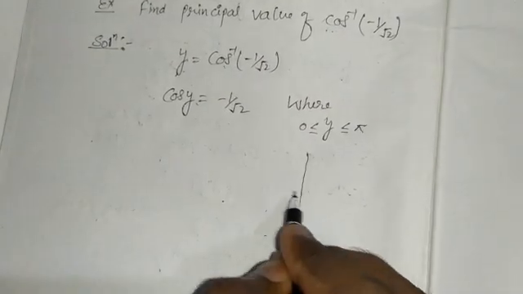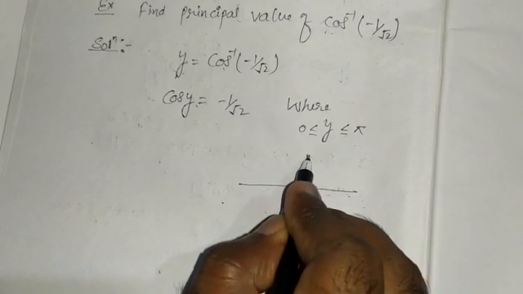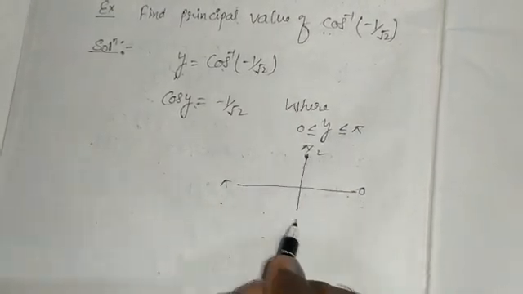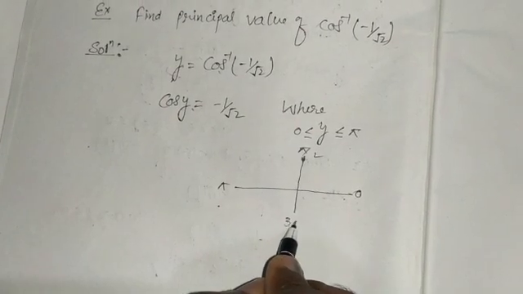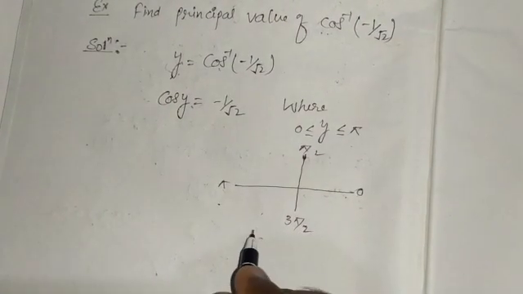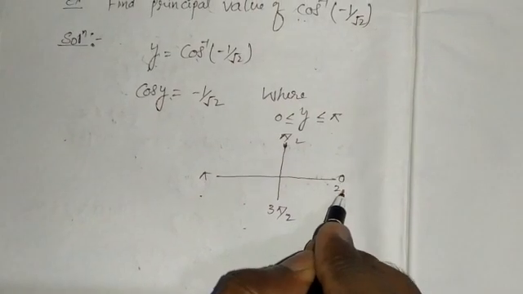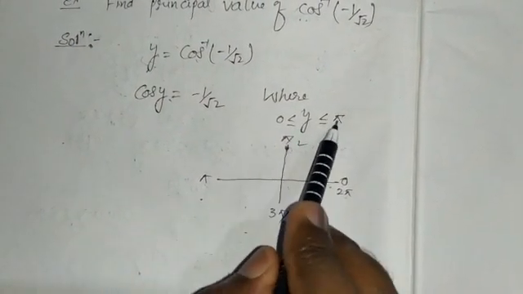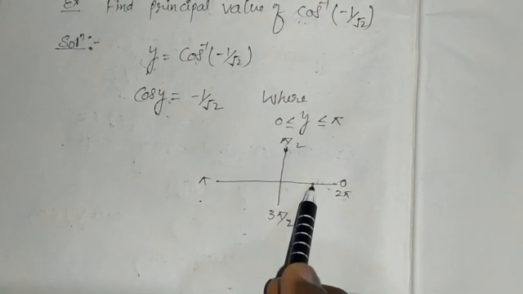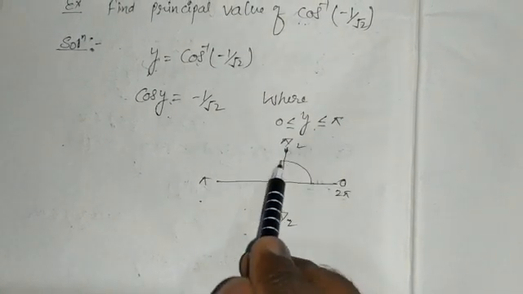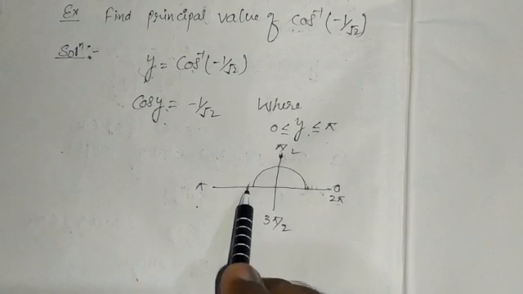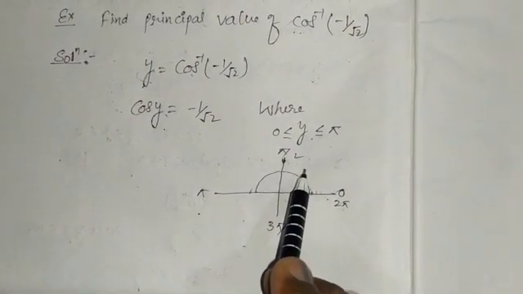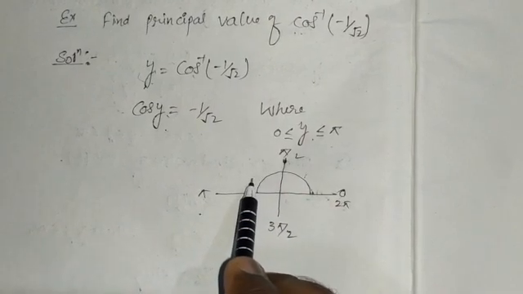Remember the quadrants: this is 0, π/2, π and 3π/2, and again you will get 2π here. So y belongs to this range from 0 to π. It means y will be in the first quadrant and the second quadrant.